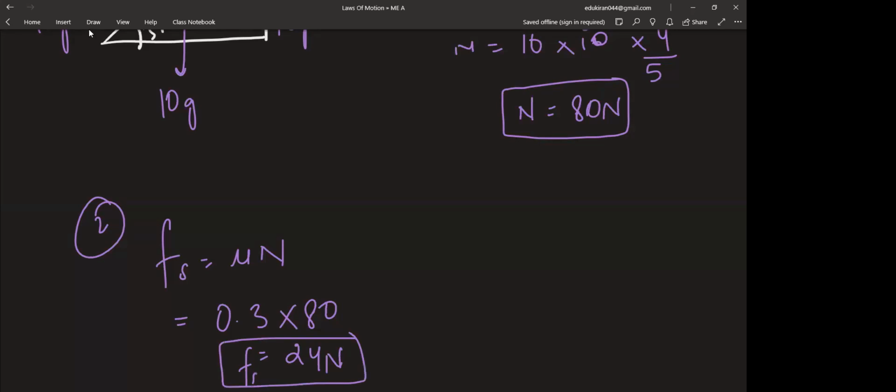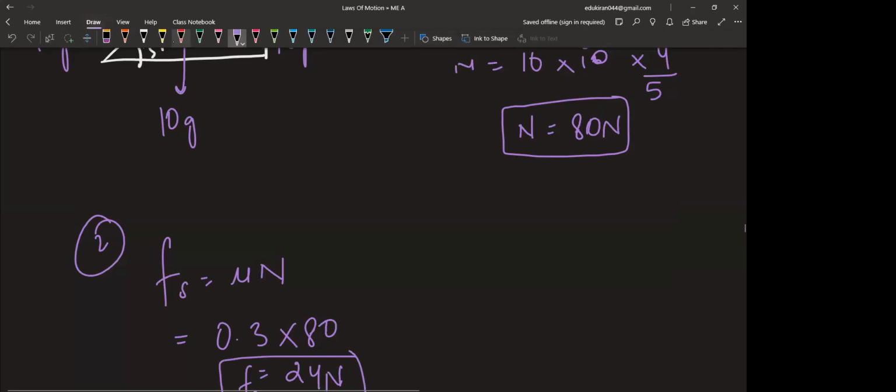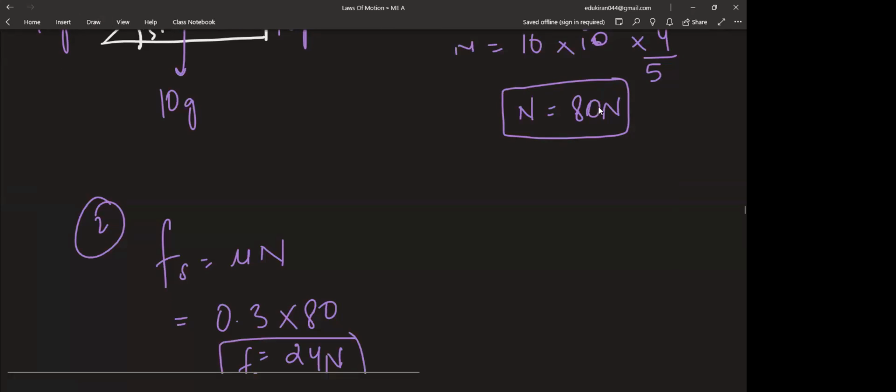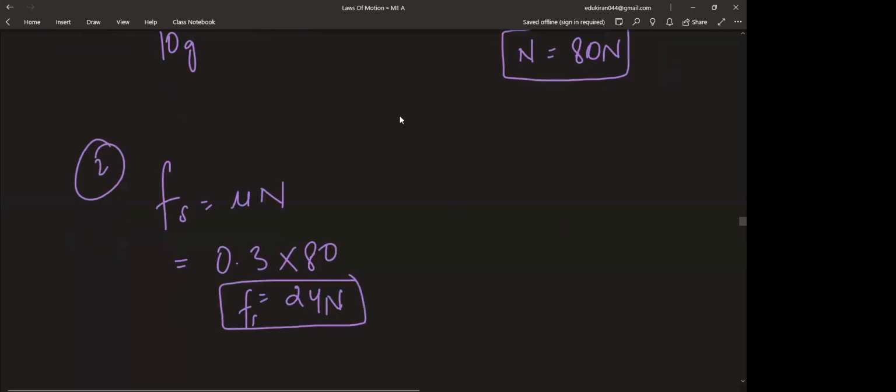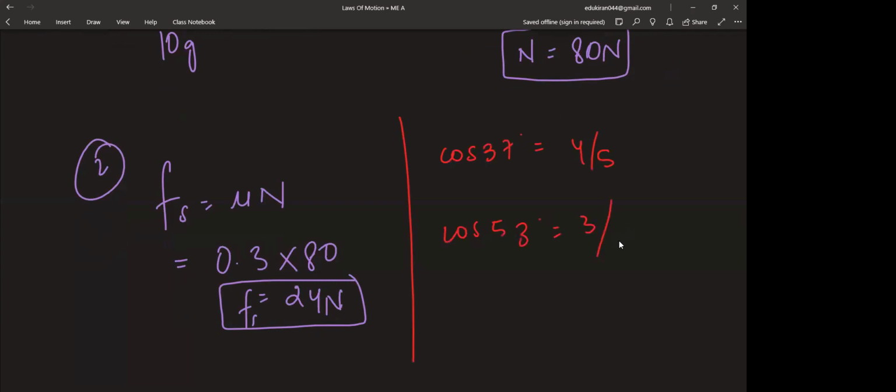Now, class, have these values remembered, because in your chapter, especially in the inclined plane problems, I have seen this coming. Remember, cos 37 degrees is 4 by 5. So cos 53 degrees will be 3 by 5. These two values are often asked in inclined plane problems. Then you have sin 37, which is 3 by 5, and sin 53, which is 4 by 5.